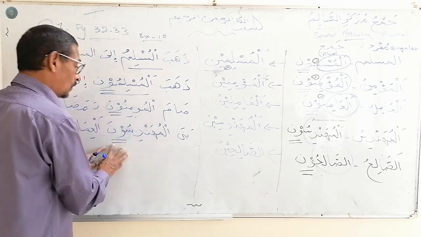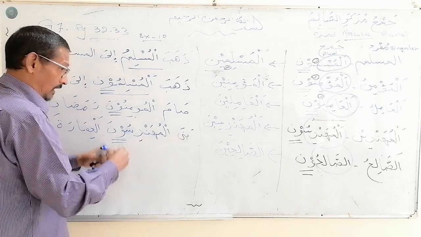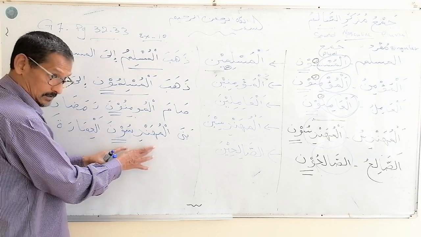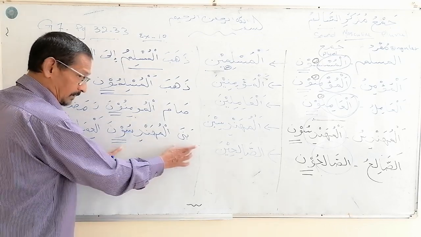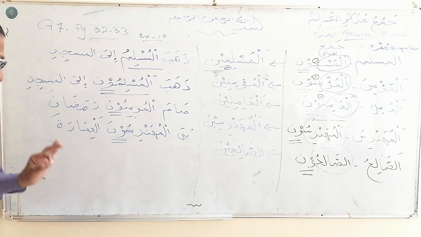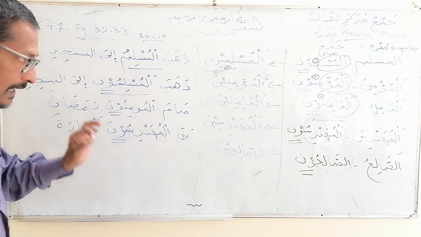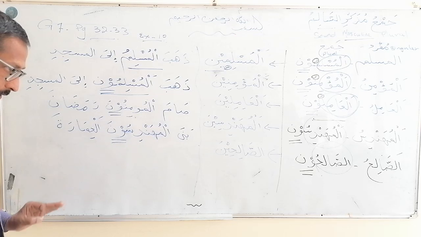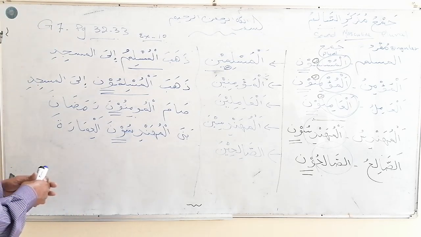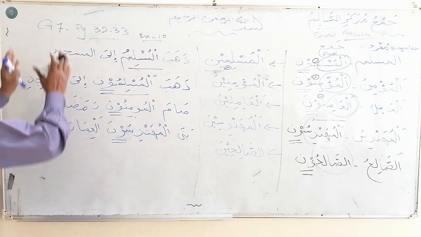Bana al-muhandisun. Who did the action of building, of constructing, of making? The engineers. So al-muhandisun is the subject of the verb bana. So it is clear now that when the sound plural is used as subject of a verb, it ends with waw and noon.